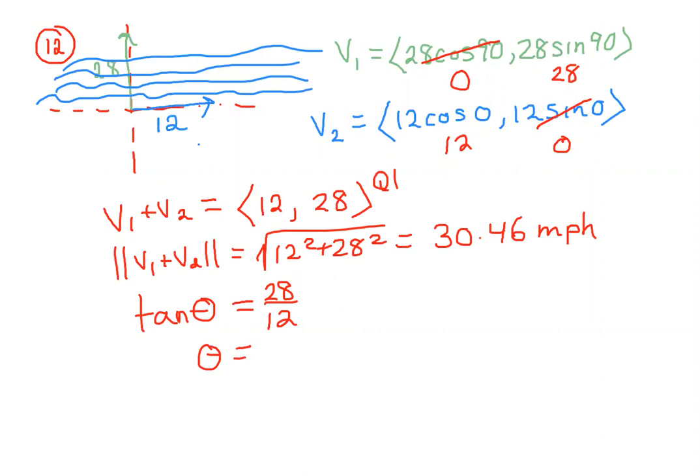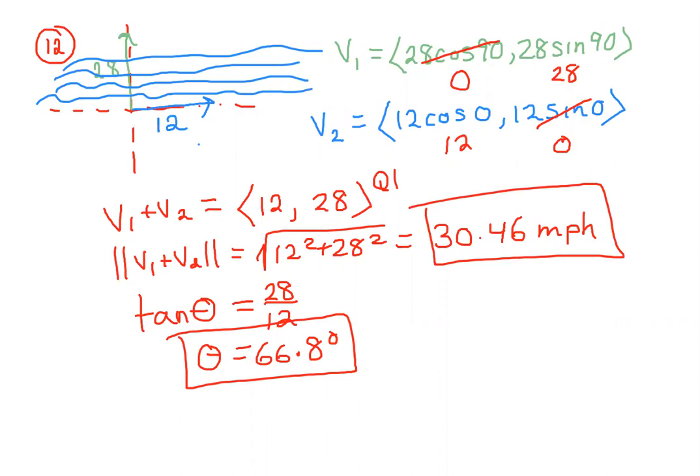Our angle is 66.8 degrees. So we have the magnitude and direction with respect to the shore. This is the shore, and that is our direction, and here is our velocity for number 12. Okay, like I said, drawing the pictures is sometimes the hardest. If you can get the picture drawn, then you can do the problem. So I will give you hints and help you with the picture.